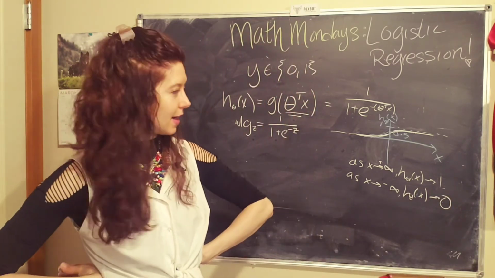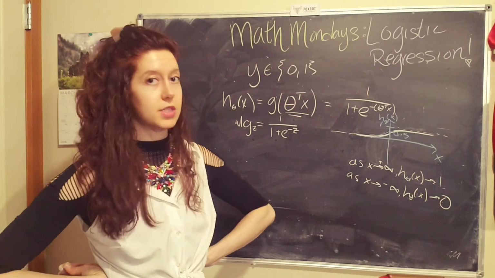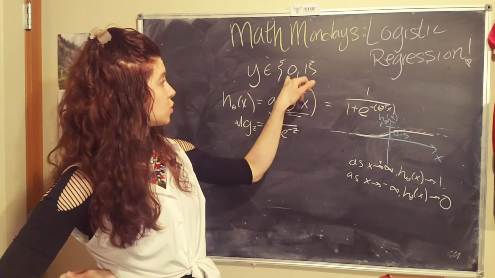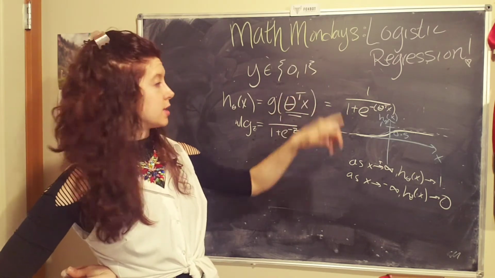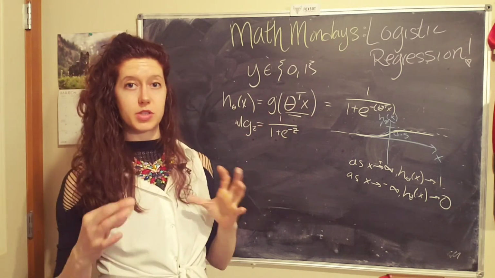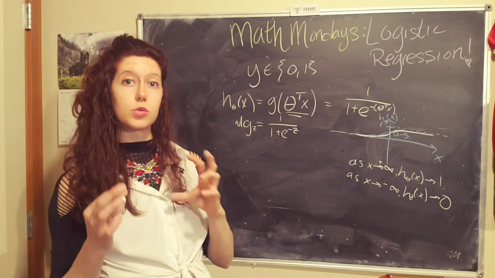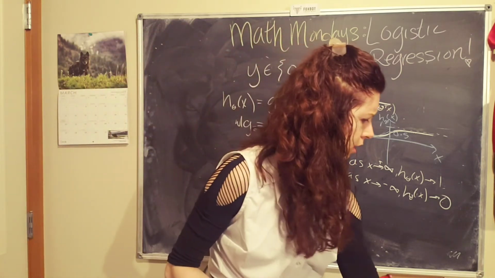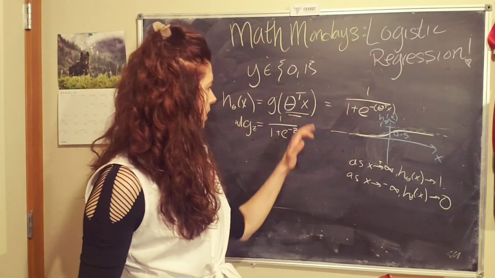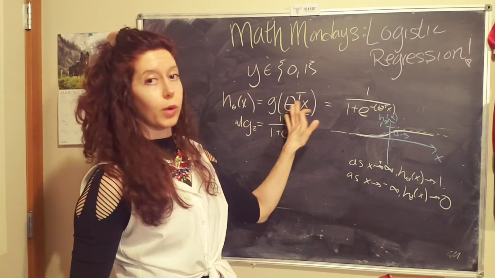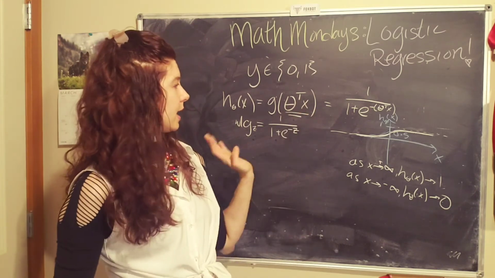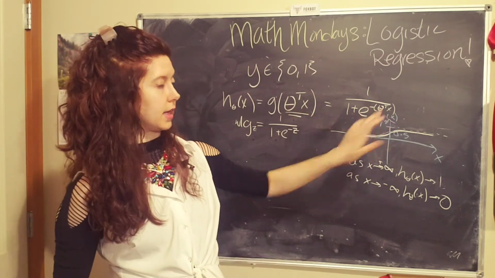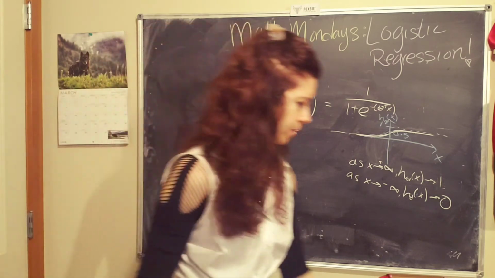We have a function that allows us to map values between 0 and 1. So now our hypothesis function must be between those two numbers. And so the key now is to fit your parameters to your training set, and then you plug that in to the sigmoid function.